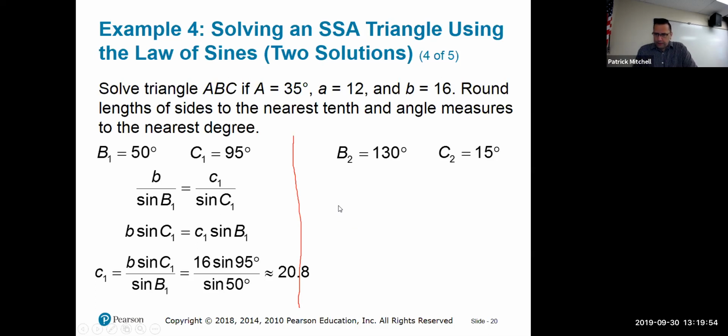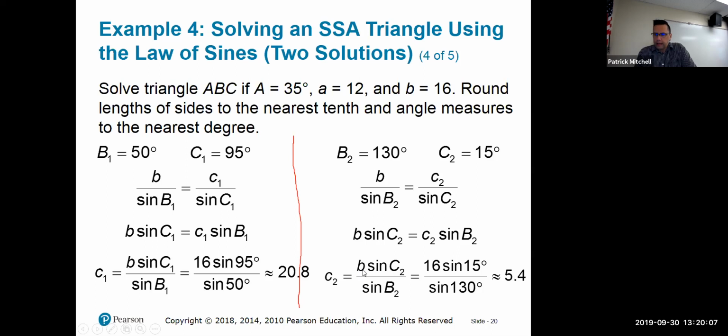And then the other possibility, doing it the same exact way, only now with C2, you get that unknown side C2 is equal to, again, B sine C divided by sine B. Only this time, angle C is 15 degrees and angle B is 130 degrees. So in that case, unknown side C will be about 5.4.